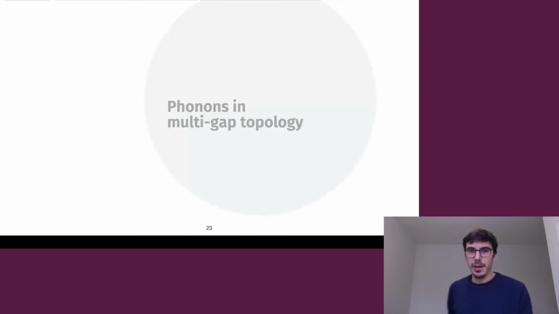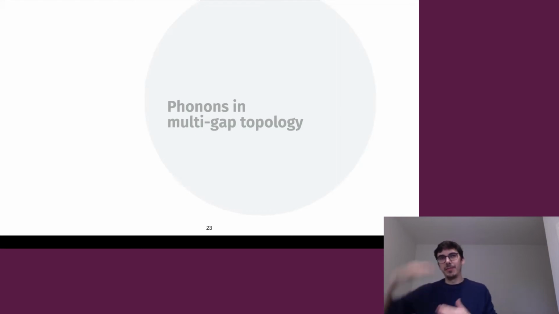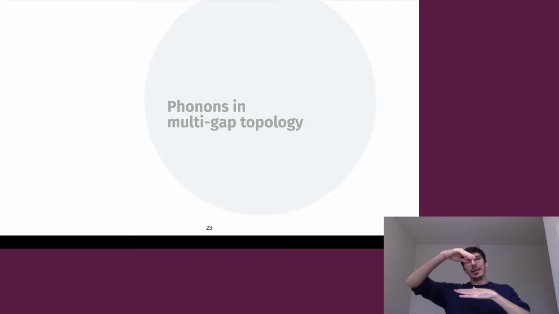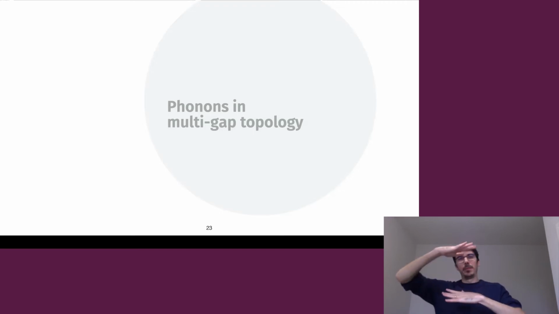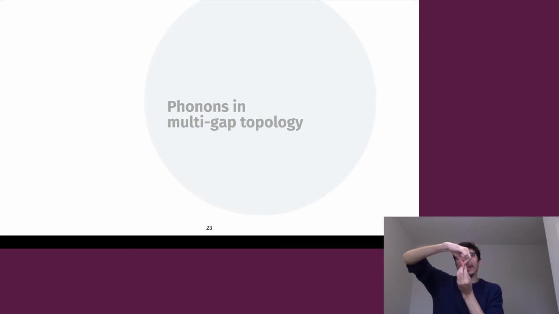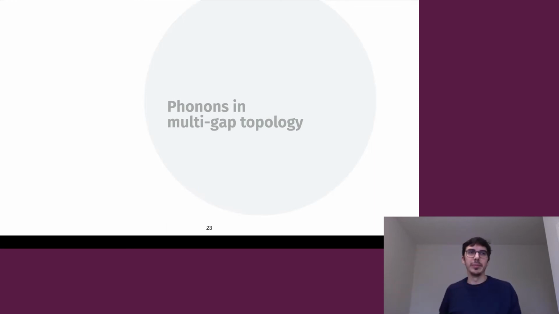Okay, so this is all I wanted to say about standard topological phonons. And by standard topology, what I mean is what I've been looking at from the very beginning, where we essentially have two bands, and either these two bands have a band gap and they have some sort of topological order, or these two bands cross at a single point, and that also has some sort of topological order.